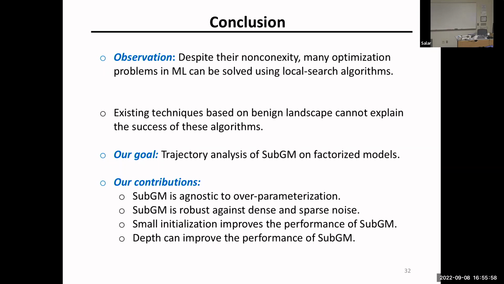They were based on benign landscape, but benign landscape comes with a lot of fundamental problems. And our goal was to take a different approach and look at the trajectory of the solution of the subgradient method for a special class of optimization problems in machine learning, which are called factorized models.